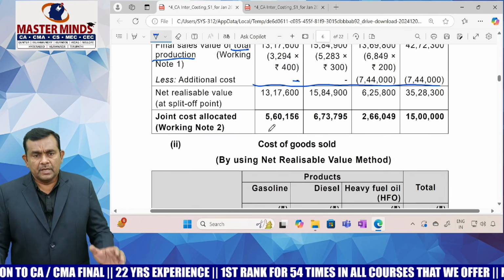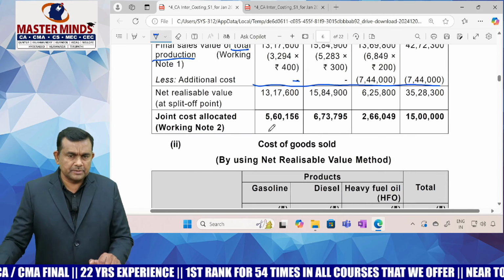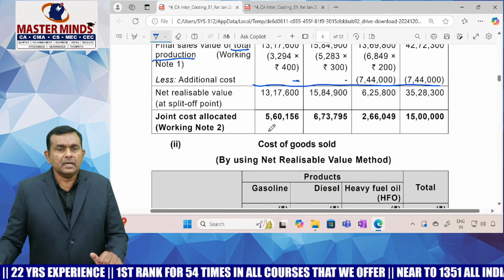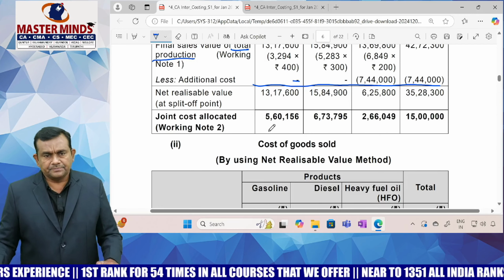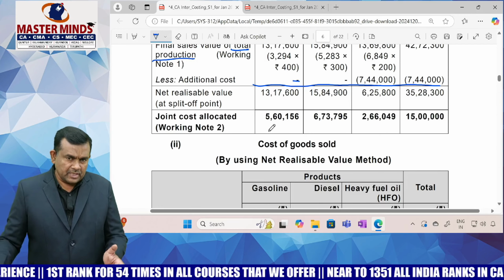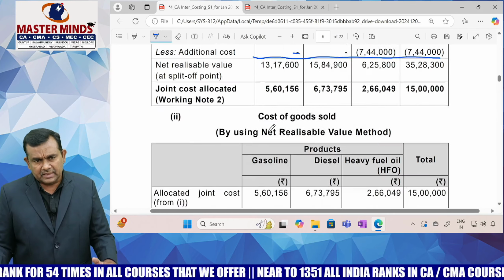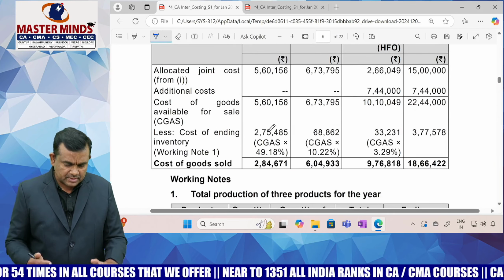Now first calculate the cost of production. Share in joint cost plus further processing cost, add them, we will get the cost of production. Adjust the inventory levels here. Opening inventory nil, closing inventory deducted, then we'll get the cost of goods sold. So see this statement.